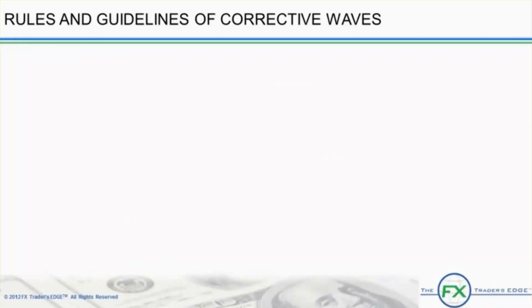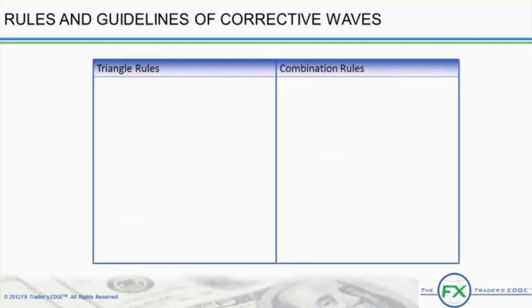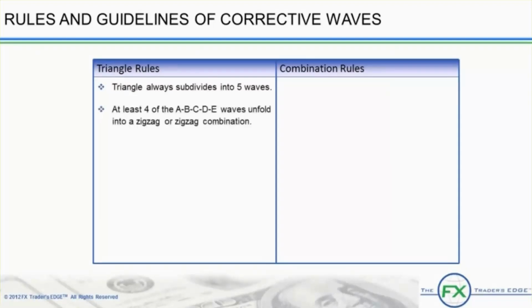And now a summary slide of the rules and guidelines of corrective waves. Triangle rules and combination rules. First, the triangle rules. A triangle always subdivides into 5 waves. At least 4 of the A, B, C, D, E waves unfold into a zigzag or zigzag combination.